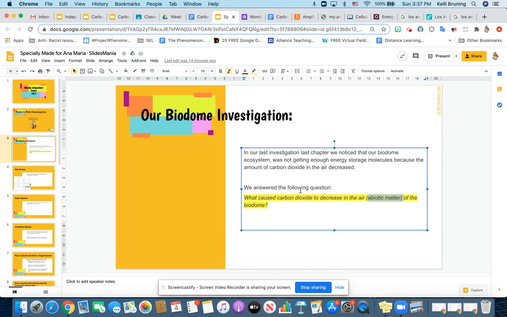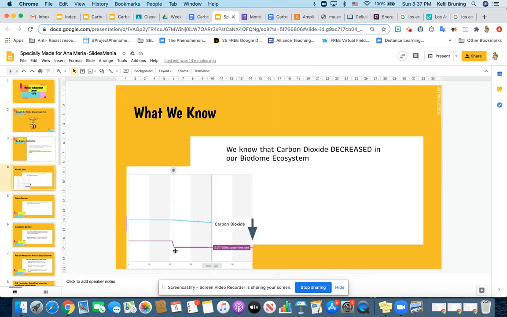We took a look at some data, and we knew that the carbon dioxide decreased in our biodome ecosystem because of the decomposers. So we knew that they decreased in our biodome ecosystem because of those decomposers after we looked at this data from last class.